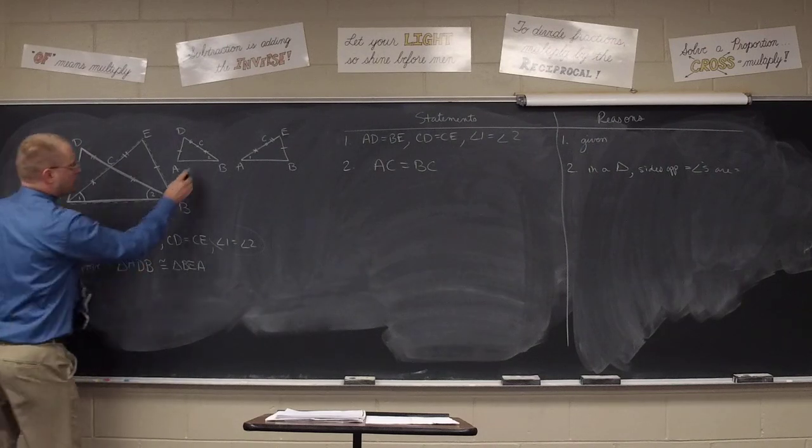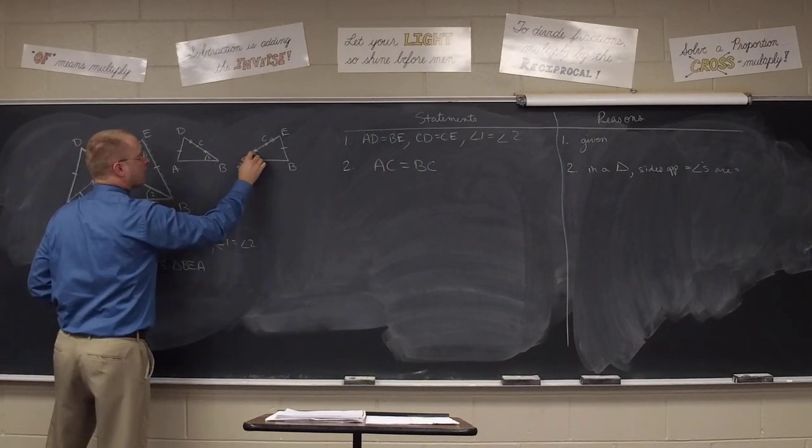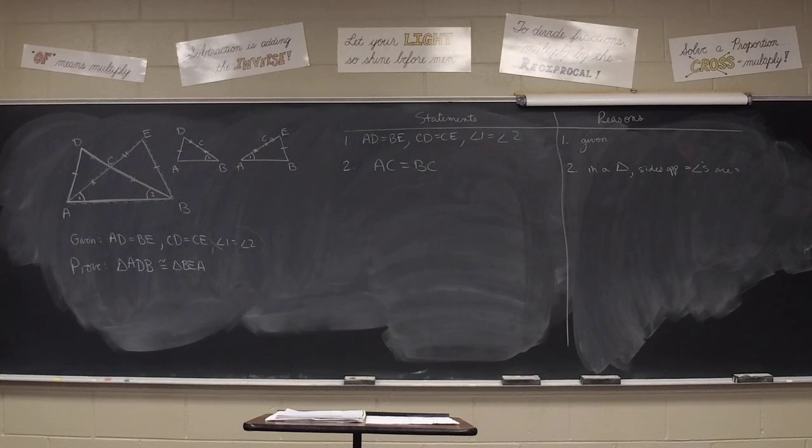And I'll go and put the arc markings on 1 and 2. All right, do you see how all I did was take the 2 different triangles and I placed them off to the side so I can see them a little bit more clearly? All right, see it?